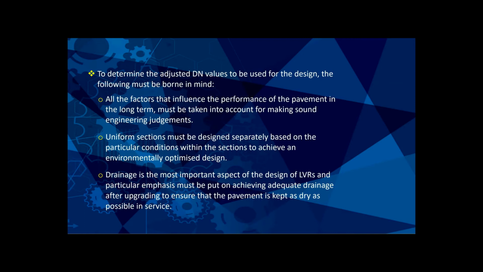And drainage is the most important aspect of the design of low-volume roads, and particular emphasis must be put on achieving adequate drainage after upgrading to ensure that the pavement is kept as dry as possible in service. For the drainage requirements, refer to the DCP-DN Pavement Design Manual.